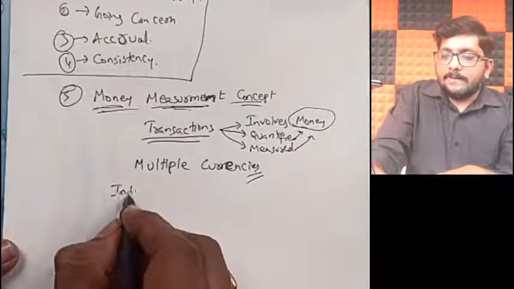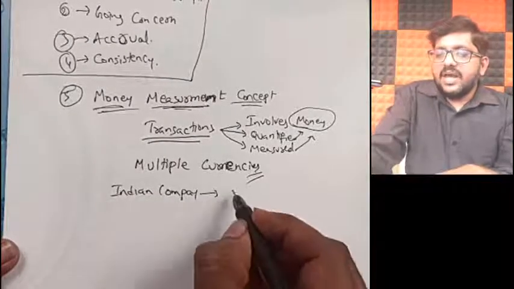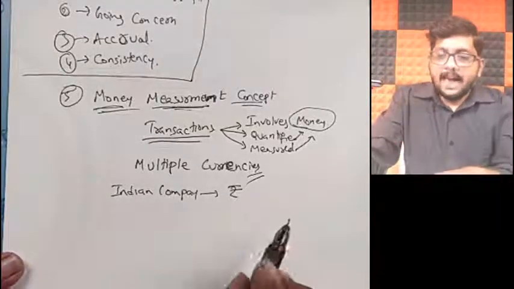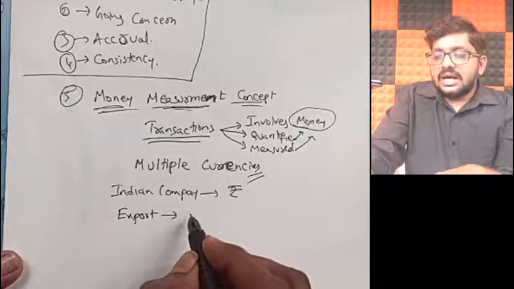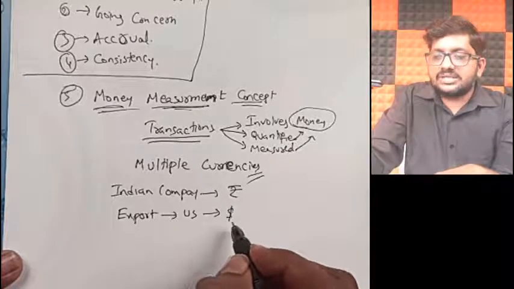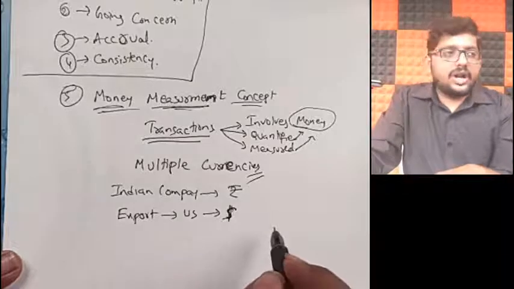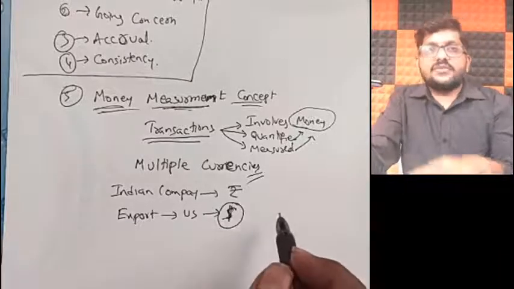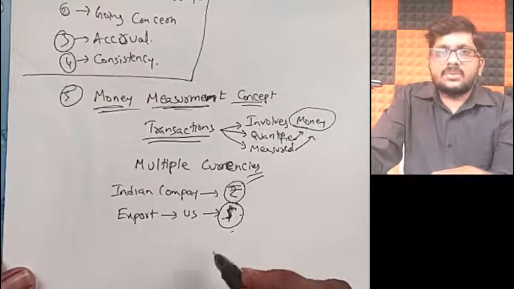Being an Indian company, we will do all our accounting and transactions in rupees. But you started exporting to the US, and when you start exporting to the US, you will obviously start making transactions in dollars. So a few incomes and expenses will be in dollars, and a few in rupees.